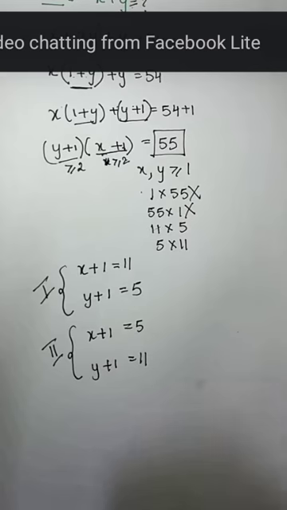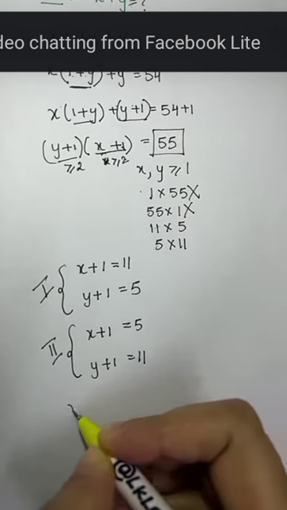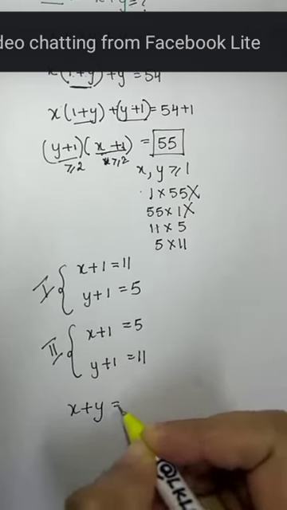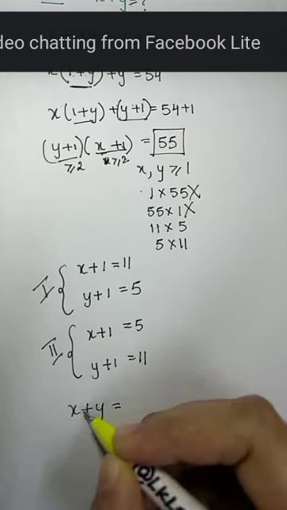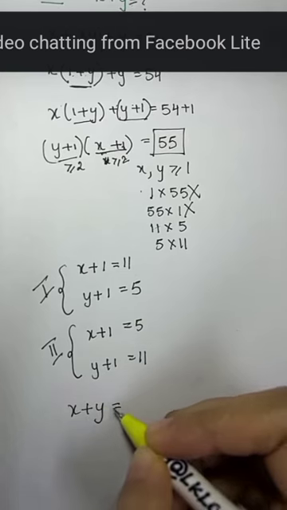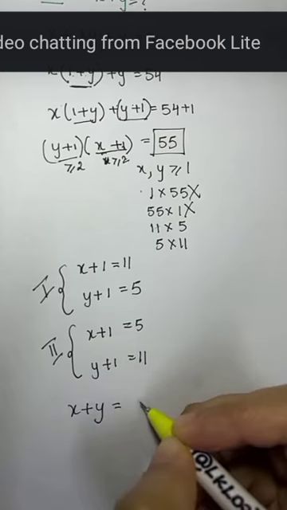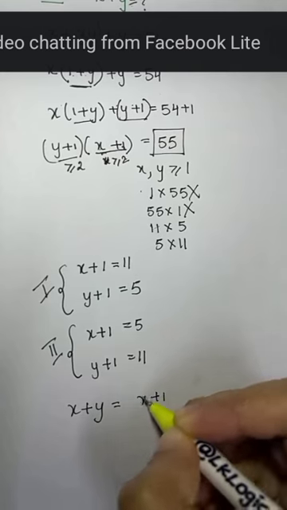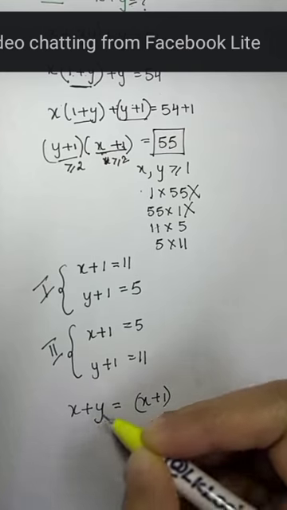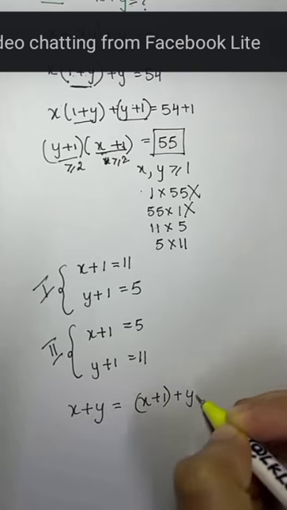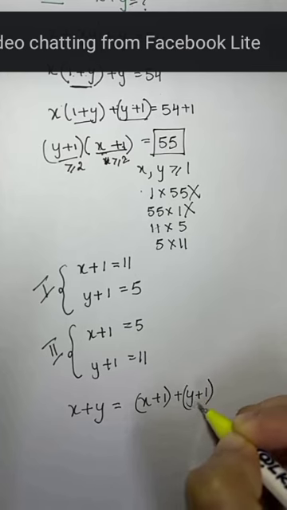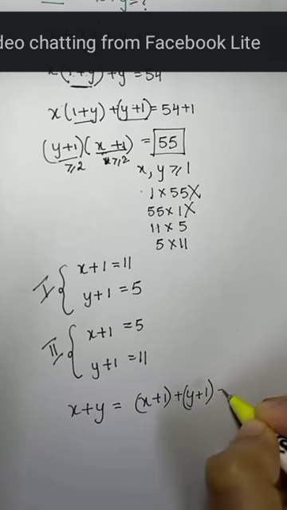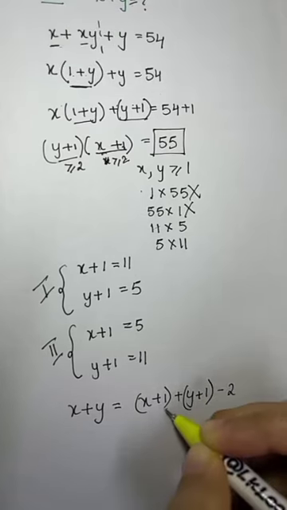I'm going to write that down. x plus y is equal to, now what I can do is add 2 and subtract 2: x plus 1, I've added a 1 to x, and y plus 1, I've added a 1 to y, and then subtract 2, because I have added 2.